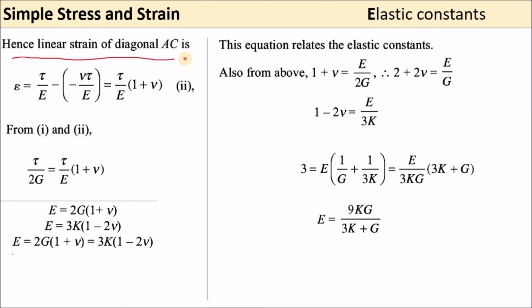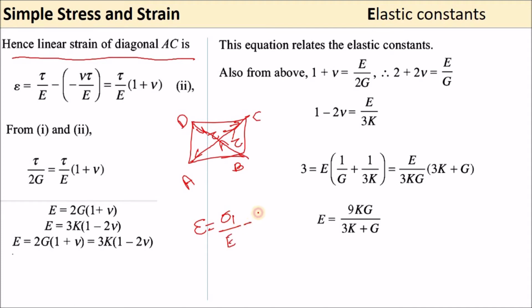Hence linear strain in diagonal AC. On diagonal AC, if I draw the diagram, here A, B, C, D, this is tensile force tau and this is compressive force tau. So we know that strain equal to, better I write it this way, sigma 1 by E minus mu sigma 2 by E. It's clear?